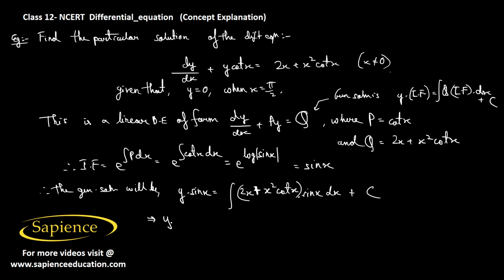So we can write it as y sin x equals integral 2x sin x dx plus x square. Since cot x is cos x by sin x, sin x will cancel and this will become x square cos x dx plus c.